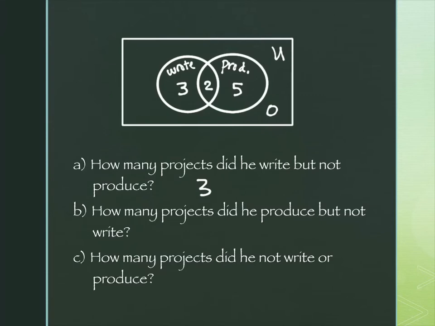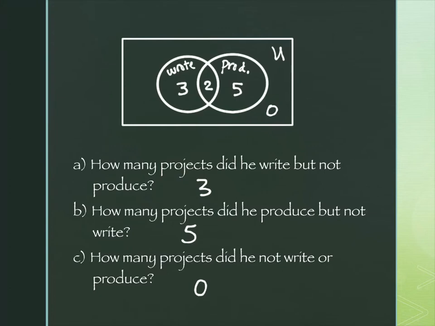How many did he produce but not write? That's my 5. And how many did he not write or produce? That's 0 on this one. So the questions are fast. That's not the hard part. The hard part is creating the Venn diagram from the information given, at least the lengthier part.